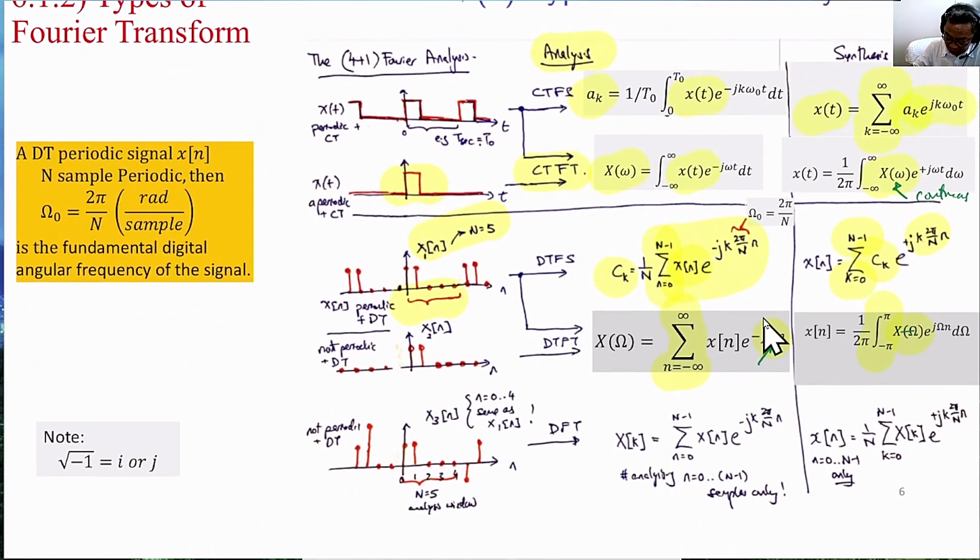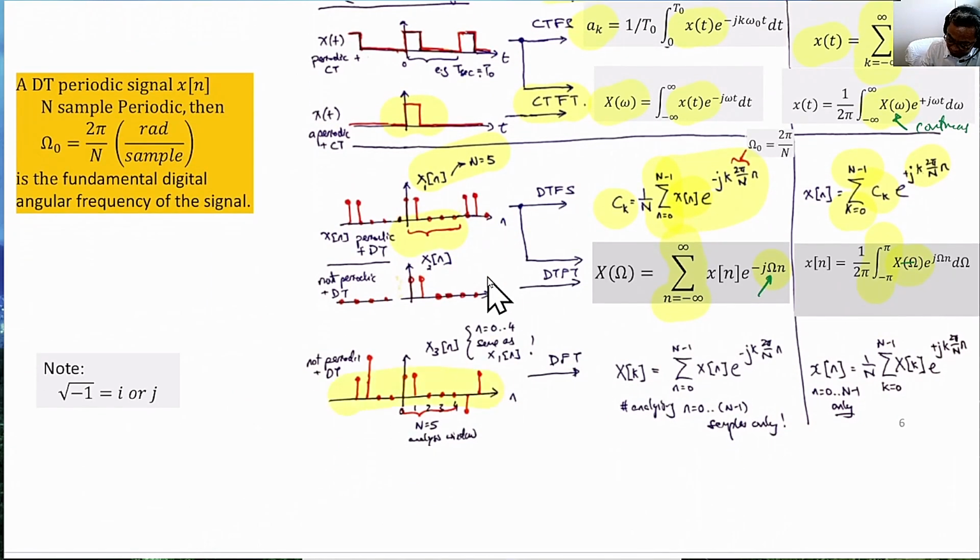Finally, in the DFT, what is the difference between the DFT and the above? The first idea is that the DFT is also aperiodic. However, let us now fix an analysis window, and we say that we're going to analyze 5 samples. It's very similar to these 5 samples, in fact, identical.